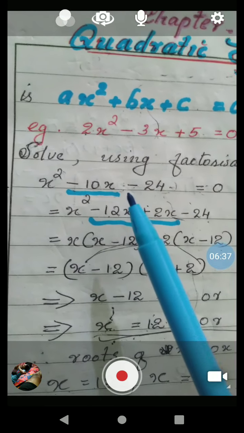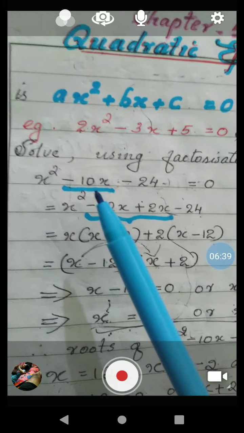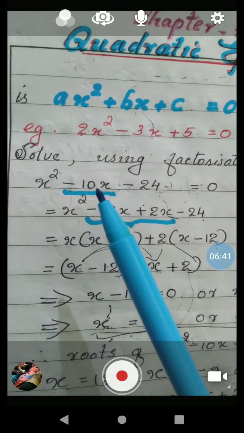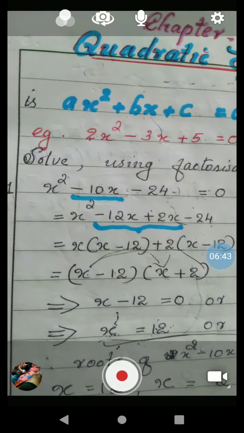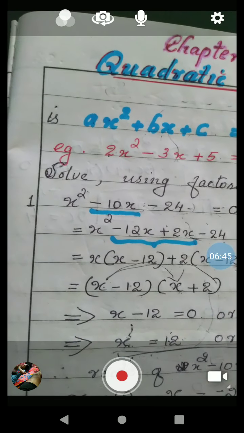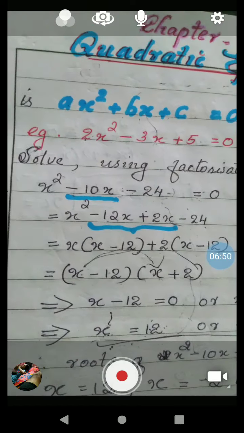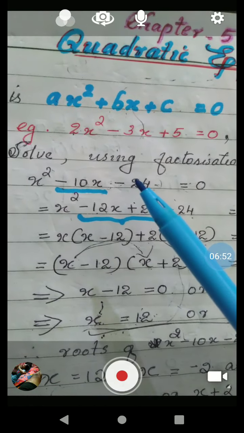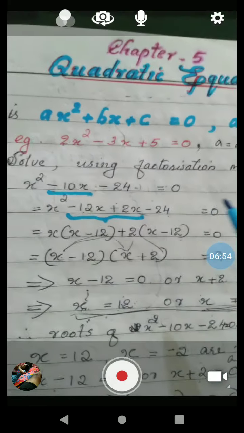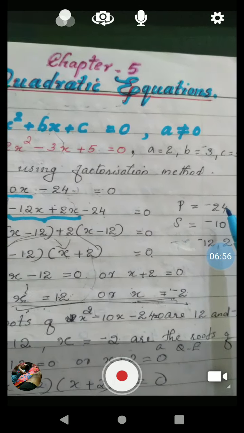How? Using product and sum. We have already learned this method in standard 8 onwards. So what is product? Product is minus 24 into 1. That is product. And sum is minus 10.